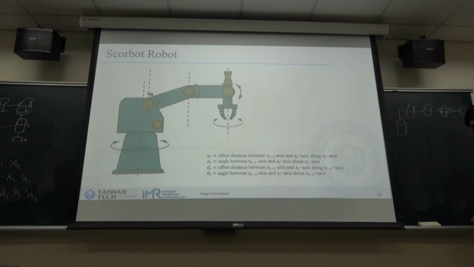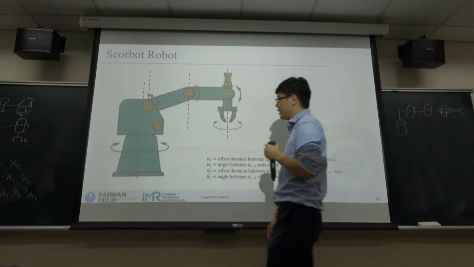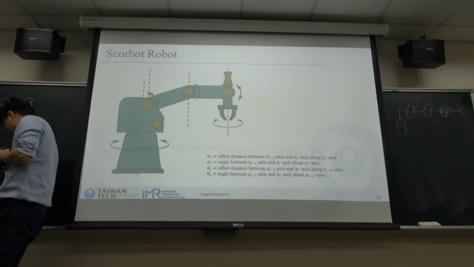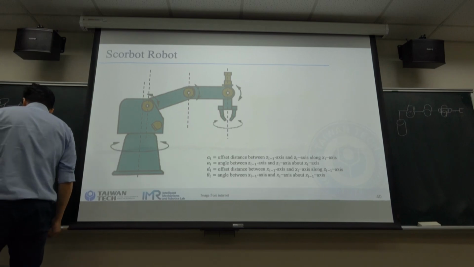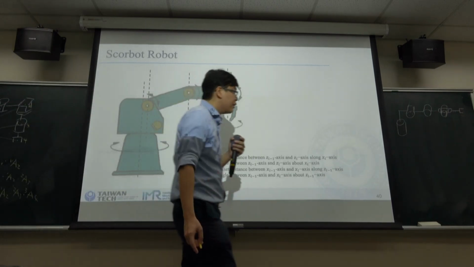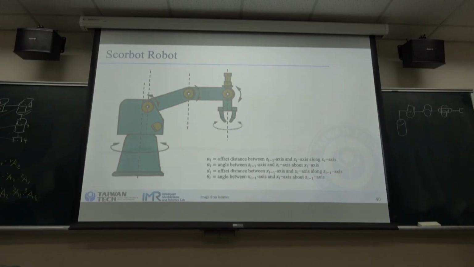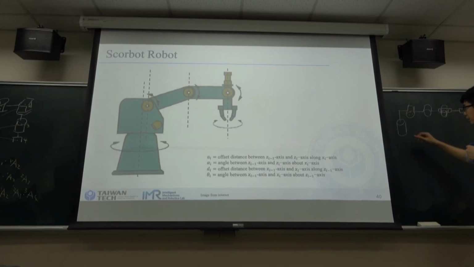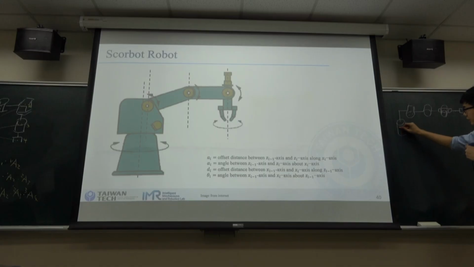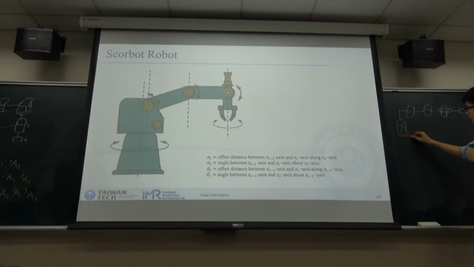Okay, so now we want to set up the DH parameters. After we have assigned the zero configuration, now we want to assign the frames. So it's Z0, X0, and Y0.